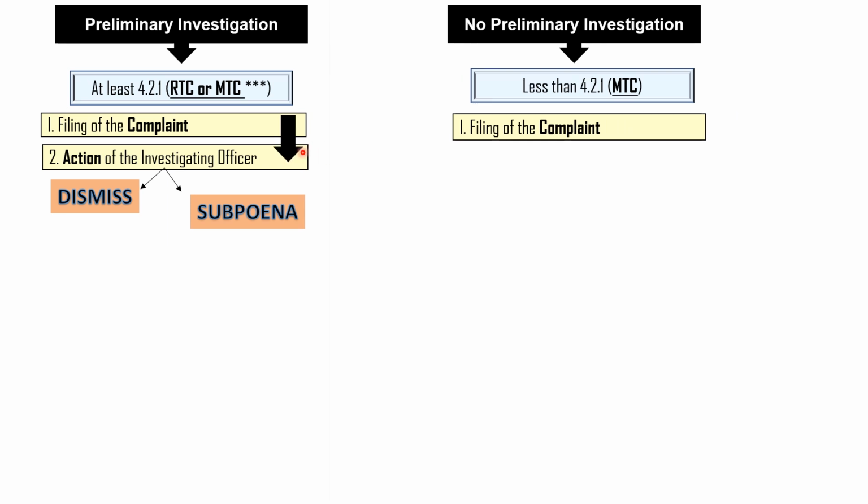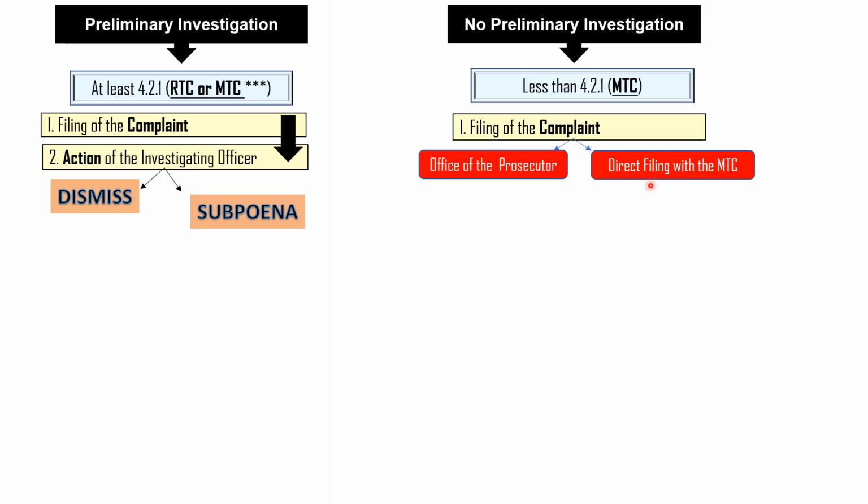So let's now compare this to this table, a case which does not require a PI. So if a case does not require a PI, you can file your complaint either with the Office of the Prosecutor or directly file it with the MTC. But if you are in Metro Manila, you have no choice except to file it with the Office of the Prosecutor. So let us just say that this is the course of action.